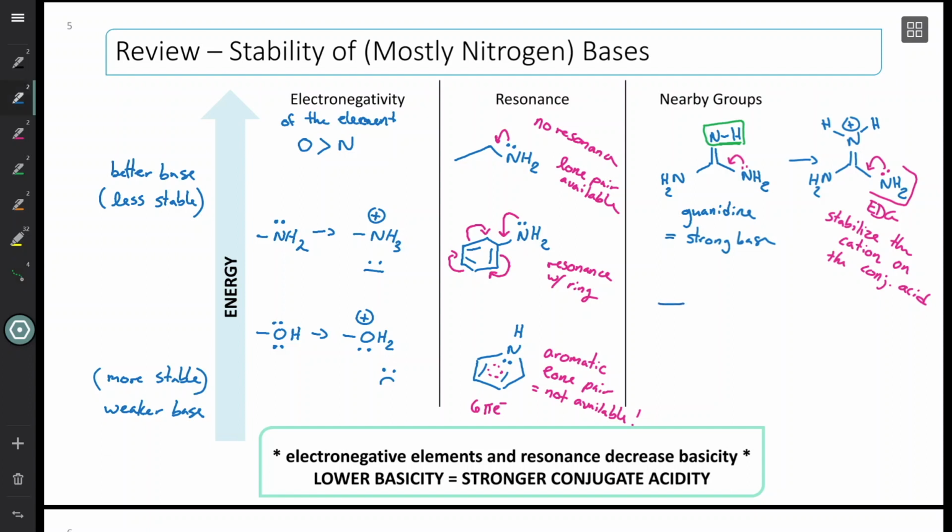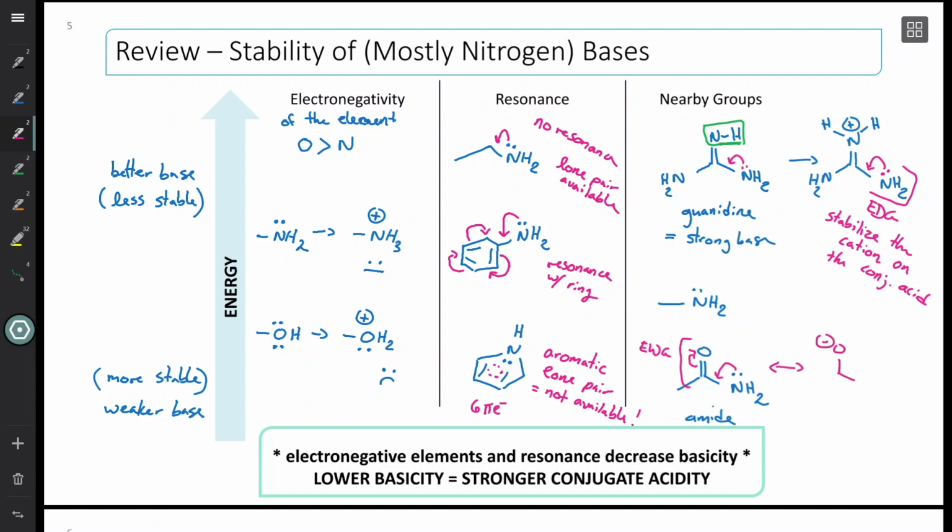So if you're just a regular alkylamine again, you don't really have very much donating or withdrawing, so it's sort of in between. But what if you do have an electron withdrawing group, right? This is an amide. Is this more or less basic? So in this case, you have an electron withdrawing group, and then this lone pair is getting sucked into that system, right? It can do resonance with the carbonyl.